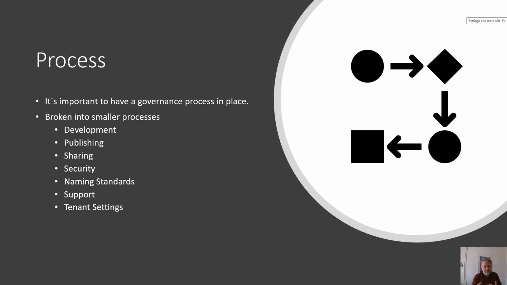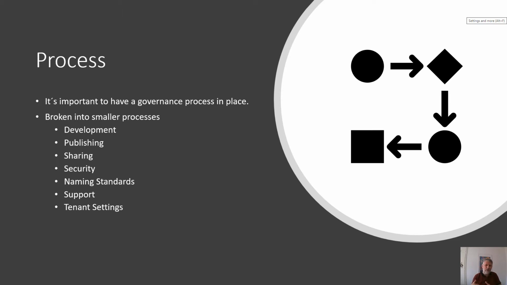I have experienced many customers that I've gone to and places I have worked where they have not thought governance into their Power BI implementation, and it becomes quite a bit of a Wild West where everyone does things in their own way, and not only does it risk having governance breaches, but it is also going to make your tenant messy, and it's going to be hard finding things, and it's going to be hard understanding what you have and what you don't have.